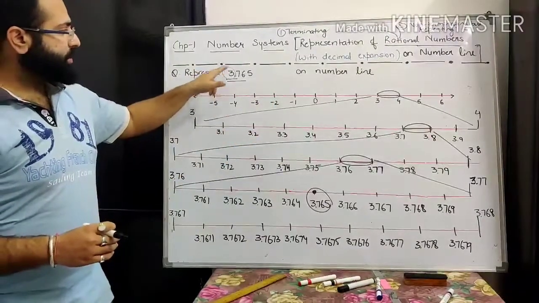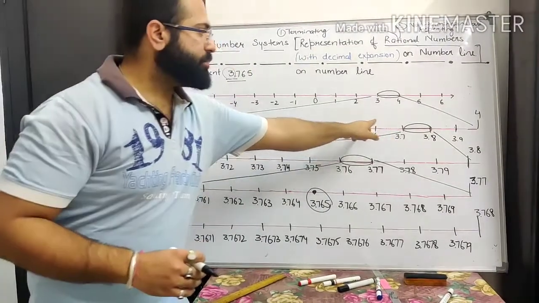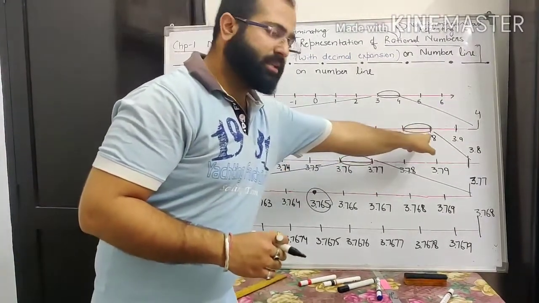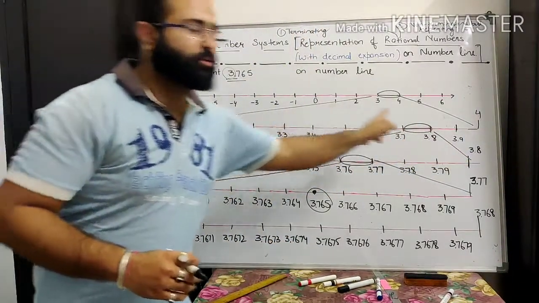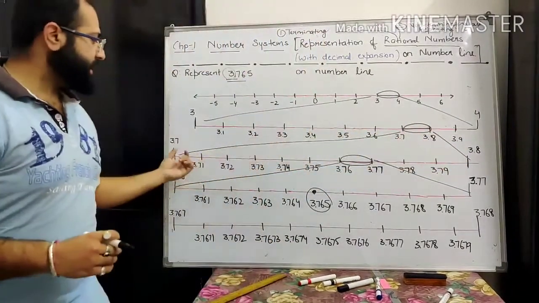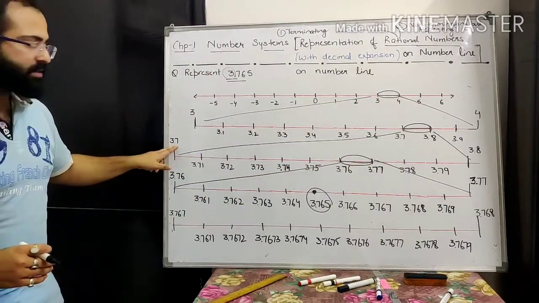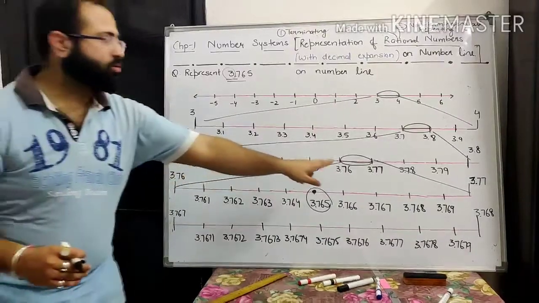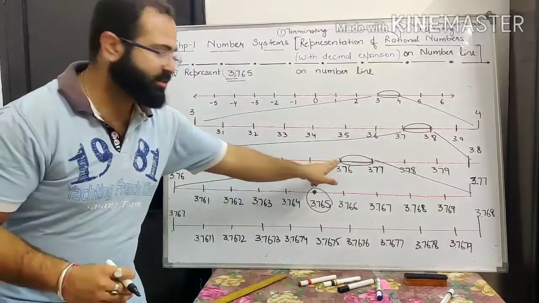Then coming to 3.7, so 3.7 is here. So we need to magnify the region between 3.7 and 3.8. On magnifying between 3.7 to 3.8, we again divide it into 10 equal divisions. Then 3.76, so we get 3.76 over here.